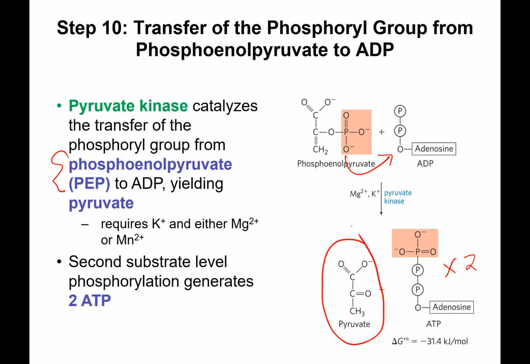So let's think about what we did. This is good for me as well as you. We took G3P and added an inorganic phosphate to it. What did that form? Look it up.